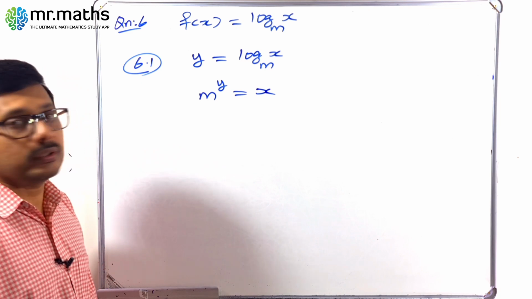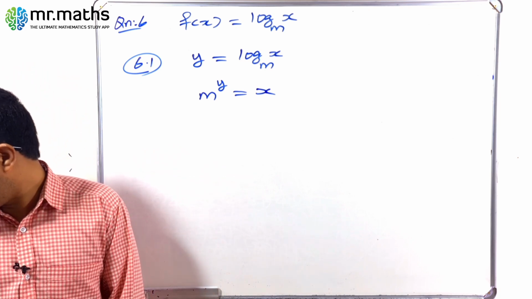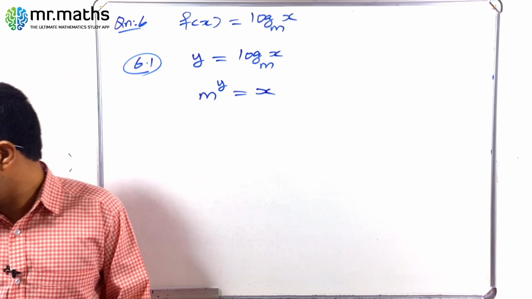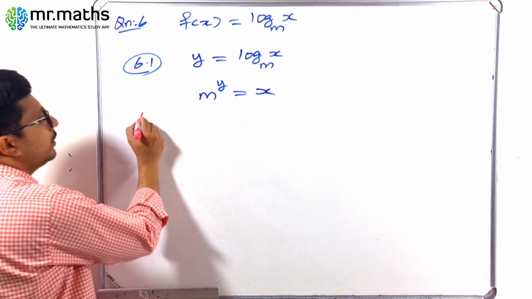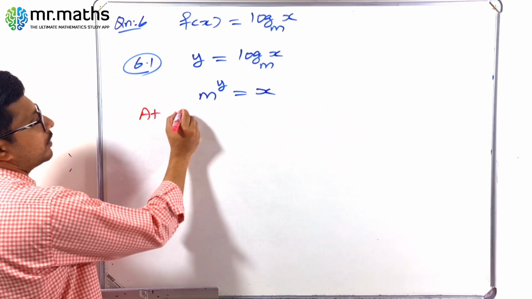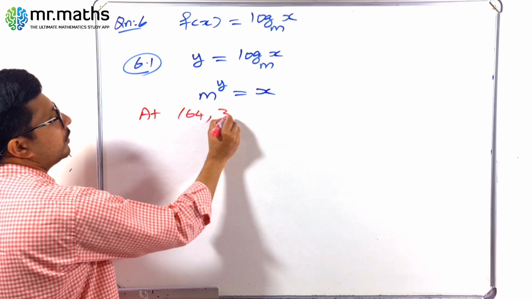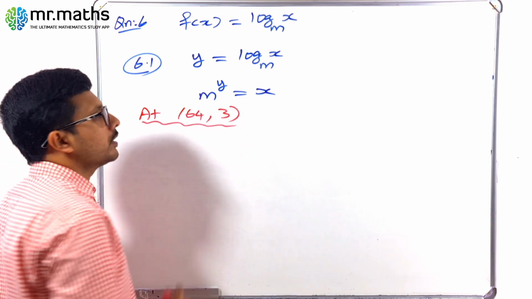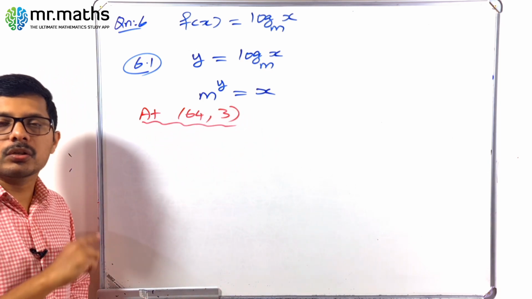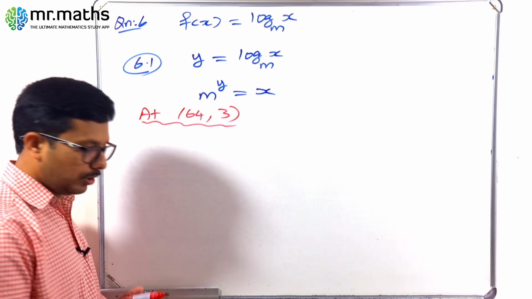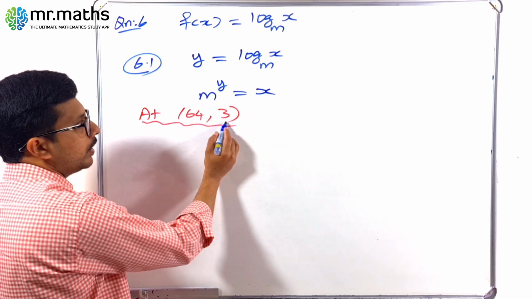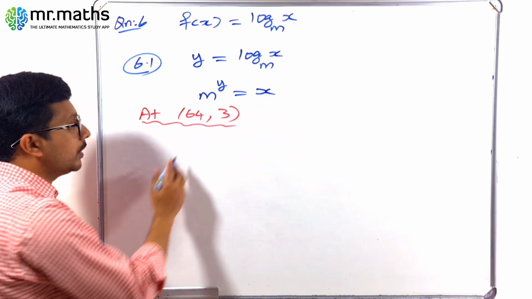Now they are saying that the point (64, 3) lies on this f of x. So we can substitute the value of y as 3 and x as 64.